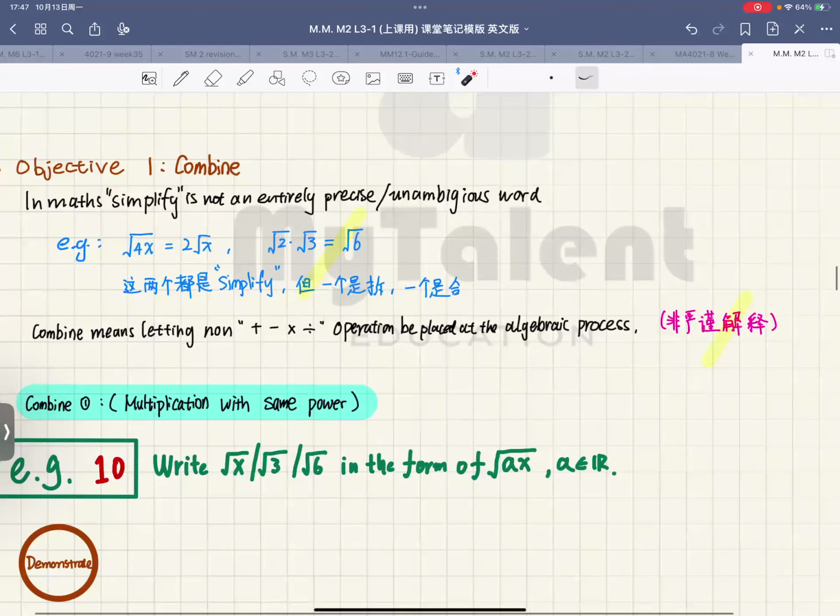All right. Now, let's talk about simplify. Basically, in math, simplify is not a precise word. So simplify can include a few things.